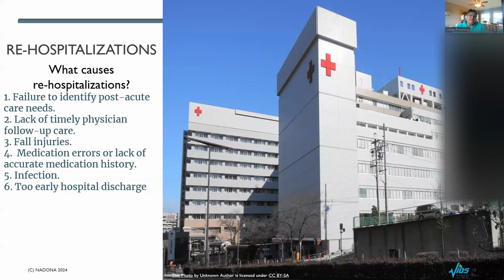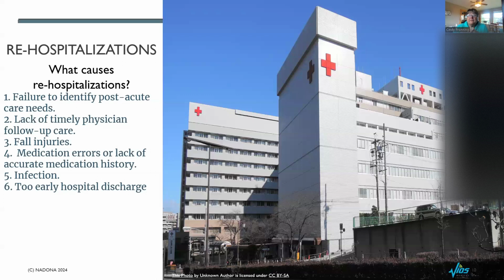So, hospitalizations and what causes them. I tried to group this into a succinct list, but I'm sure I've missed some things. But I think one of the top issues is failure to identify post-acute care needs, meaning those changes in condition once they've been in our building following a hospitalization.